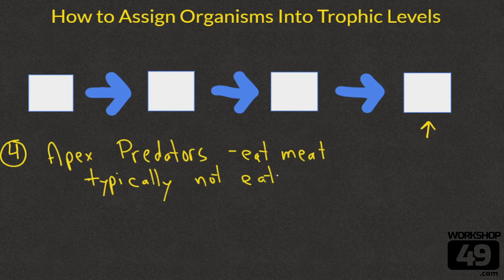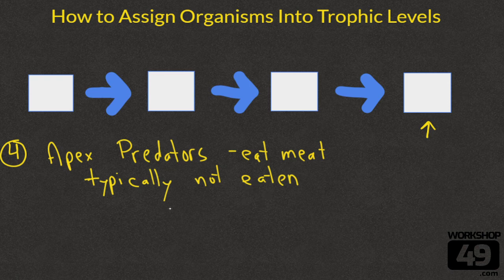Because I'll make the case that a shark is an apex predator, and someone will, without doubt, come along and say, well, you know that killer whales can eat a shark. Yeah, that's true, but sharks are top of a food chain, and we consider them to be in the fourth trophic level. So in the fourth trophic level are our apex predators.